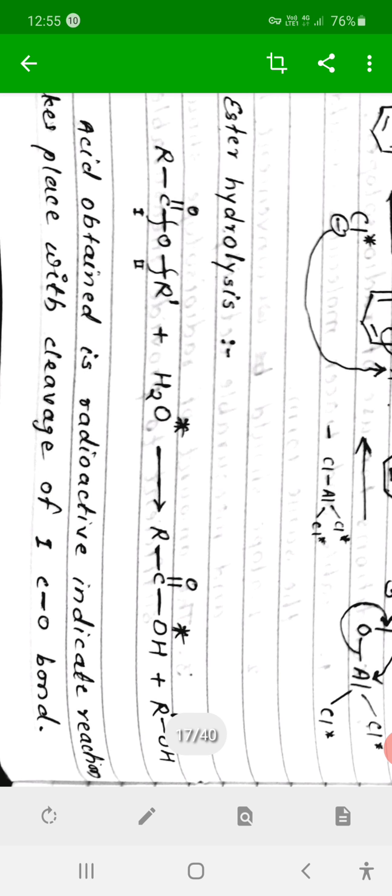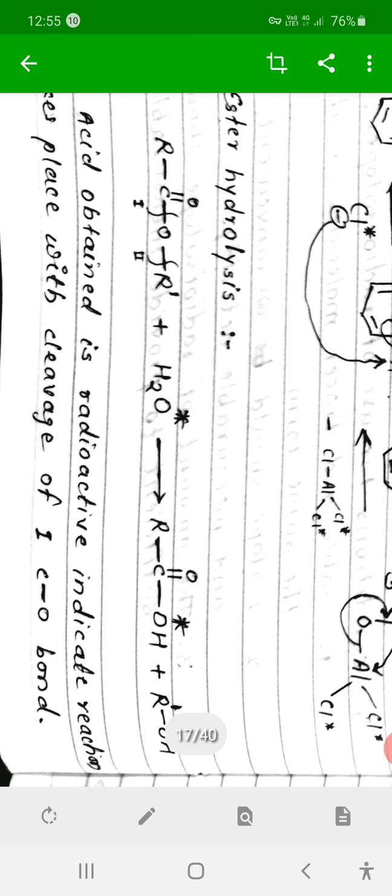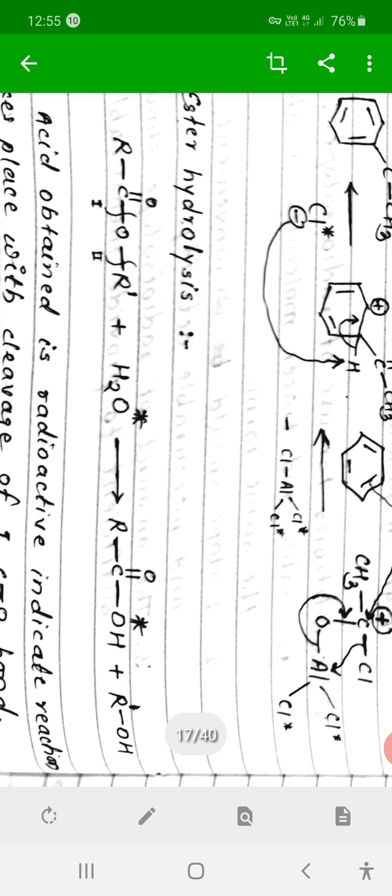Ester is a large molecule, and during addition of water, hydrolysis takes place in presence of an acid or a base as a catalyst. Then in ester hydrolysis, one product is acid and the other product is alcohol.